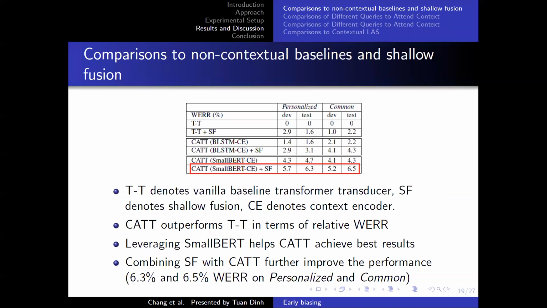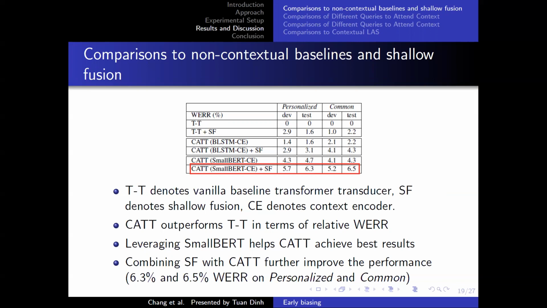TT denotes the non-contextual baseline transformer transducer, SF denotes shallow fusion, and C denotes context encoder. These tables show word error rate reduction over the baseline non-contextual transformer transducer.